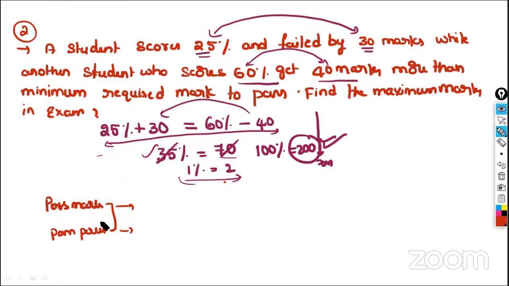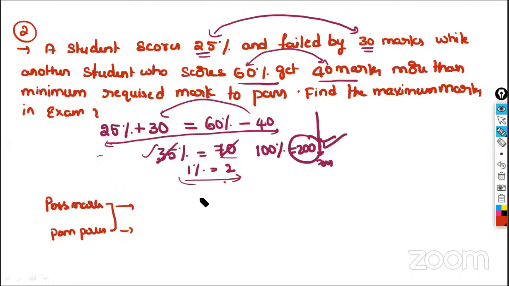Okay, 80 marks is the pass mark. 40%. Okay, very good. See, how to find pass marks?